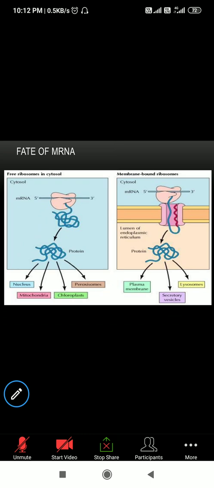So proteins translated in the cytoplasm have a different destiny than proteins translated on the bound ribosomes present on the rough endoplasmic reticulum.